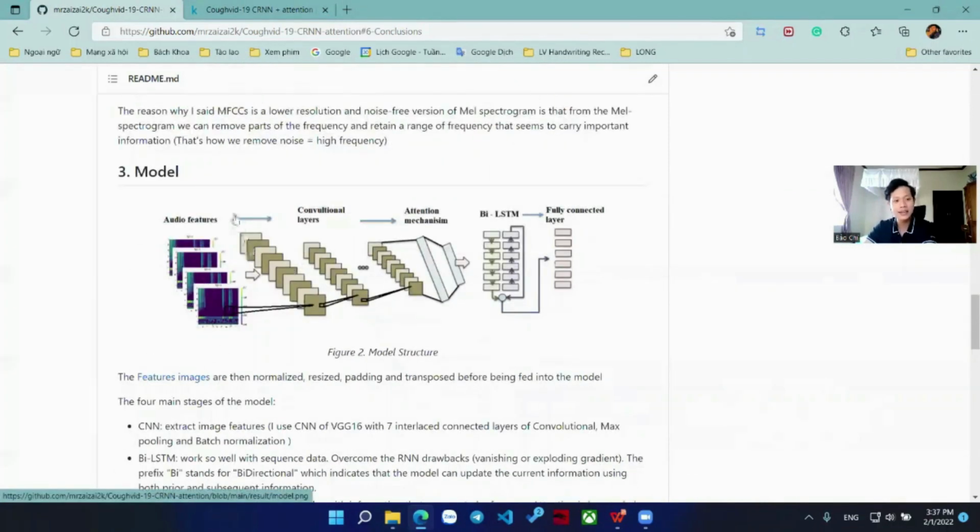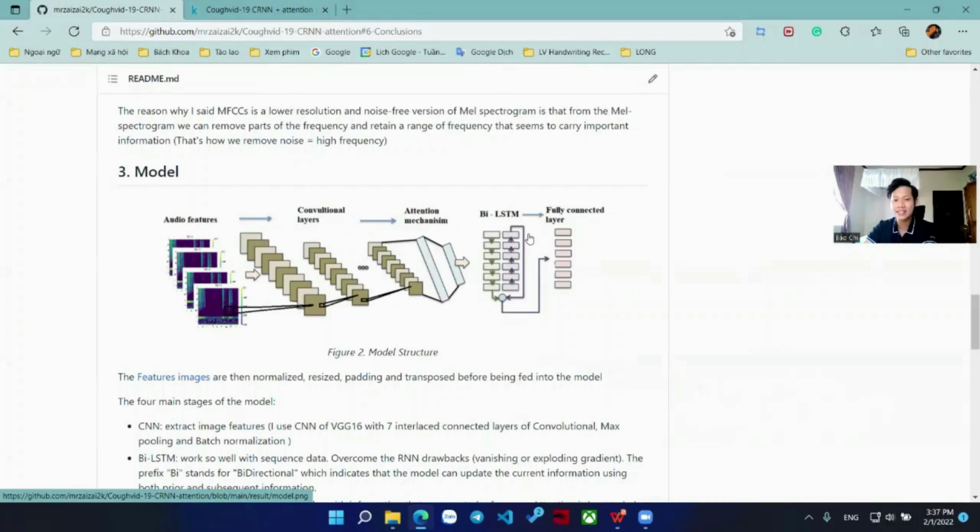So let's go to the model. The first is CRNN. I use the VGG16 CRNN to extract the features from the image, and after that I use an attention mechanism to learn which features are important. The BiLSTM here works really well with series data. So why BiLSTM and not RNN?